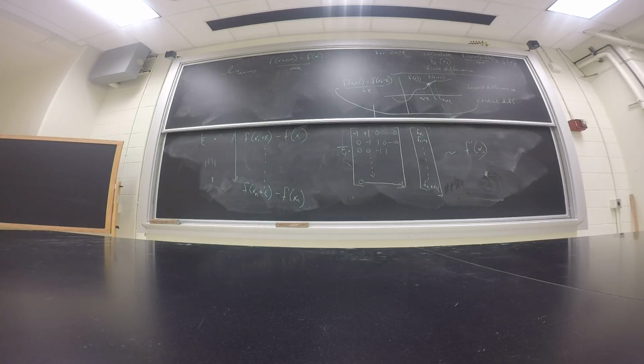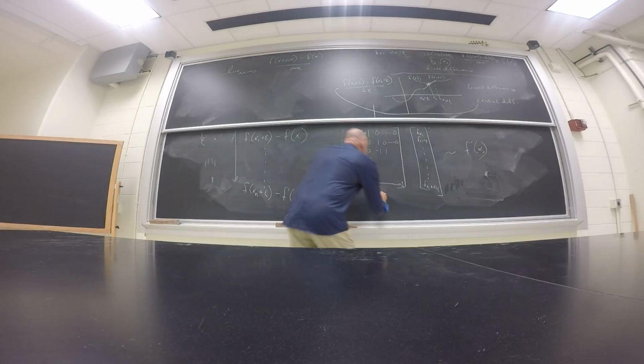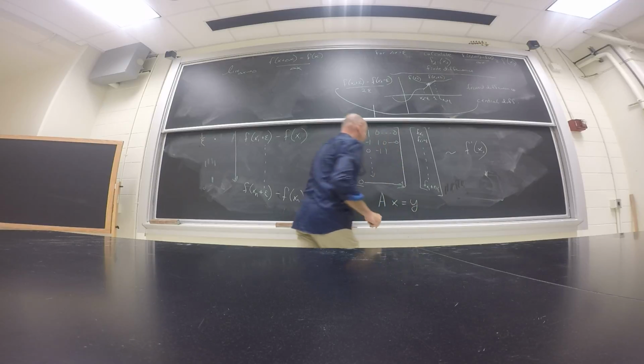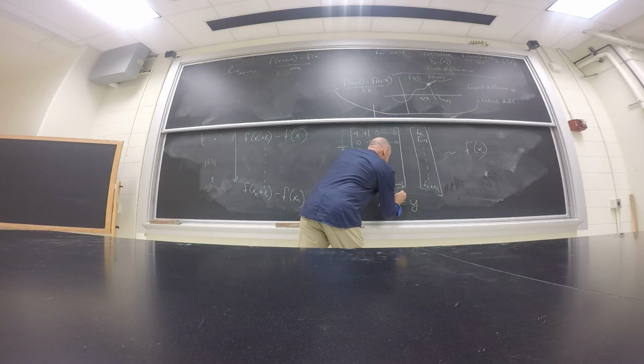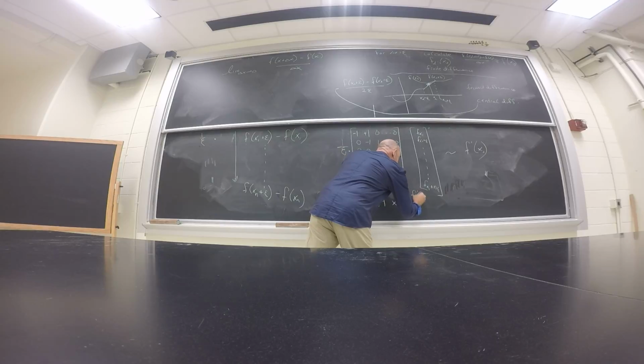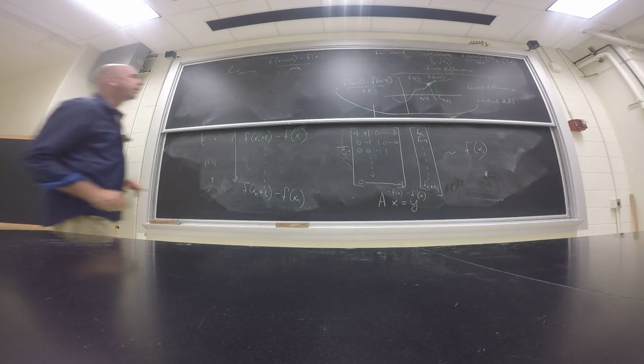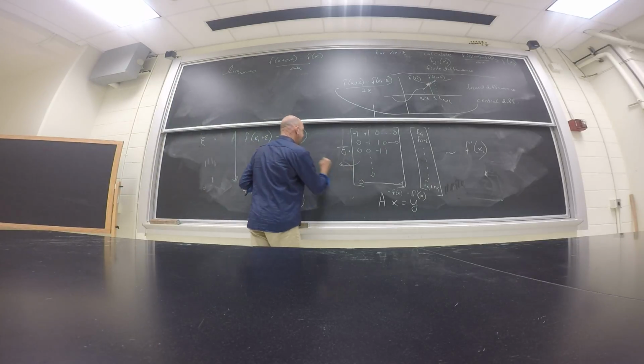This is just of the form Ax equals y, where x is f of x, and y is f prime of x, approximately. And this is often called a finite difference stencil.